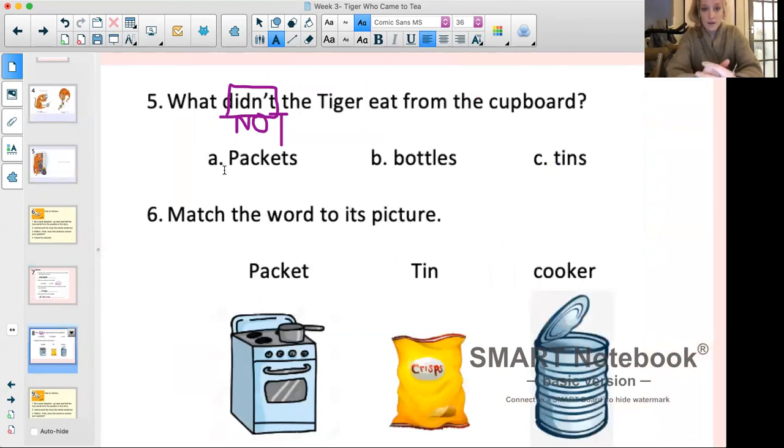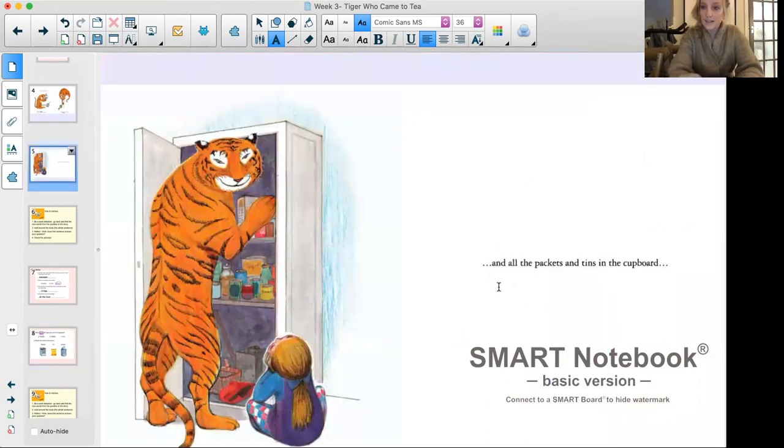Number 5, what didn't the tiger eat from the cupboards? What didn't? And remember, didn't means not. It's something he did not eat. So what didn't the tiger eat from the cupboard? Was it A, packets, B, bottles, or C, tins? Let's look back. Read that sentence like Rex Retrieval told us to.